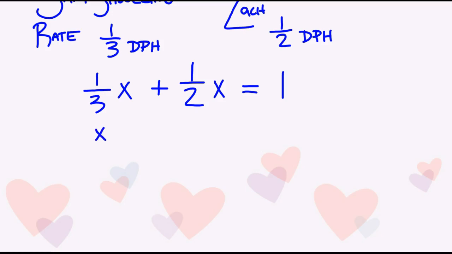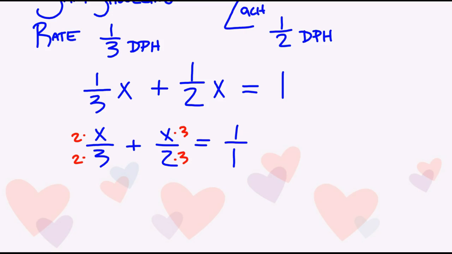So I'm going to write this as x over 3 plus x over 2 equals 1 over 1. Common denominator of 6, so 2 times 2 there, 3 times 3 there, or 3 over 3, and 6 over 6 there.